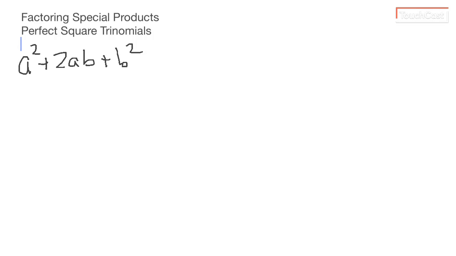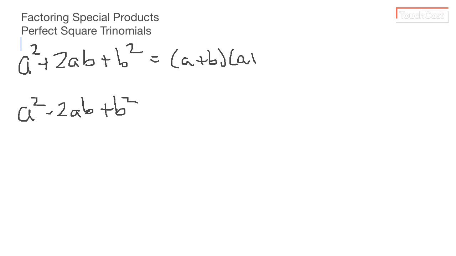We can also write it as a squared minus 2 times a times b plus b squared. Now there's a way to factor this first one, and it's going to be a plus b times a plus b, which is just a plus b squared.